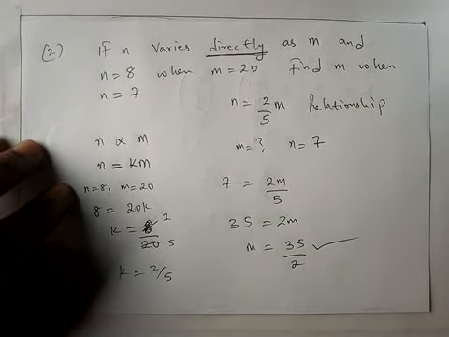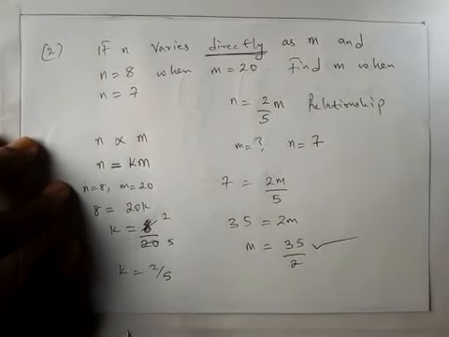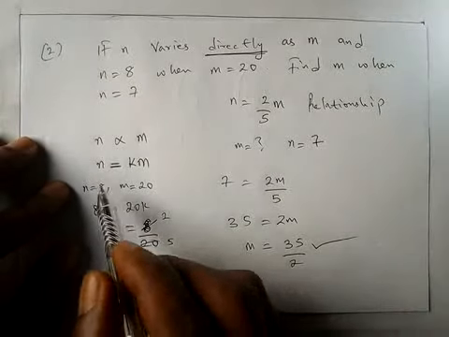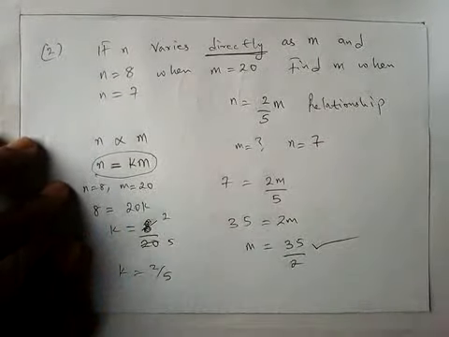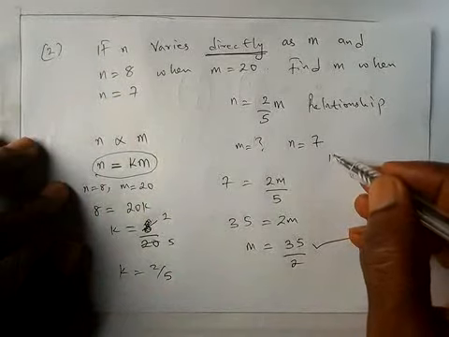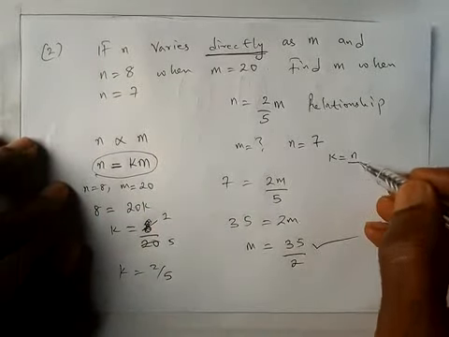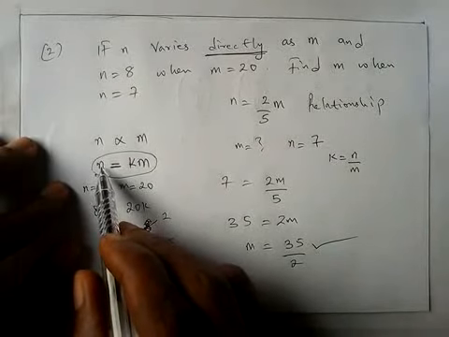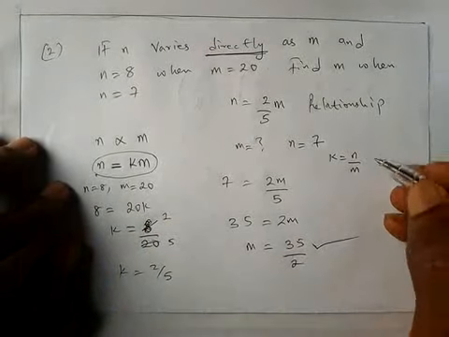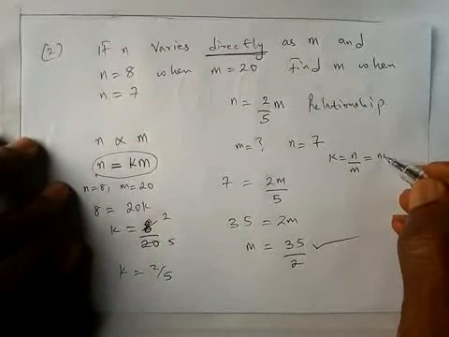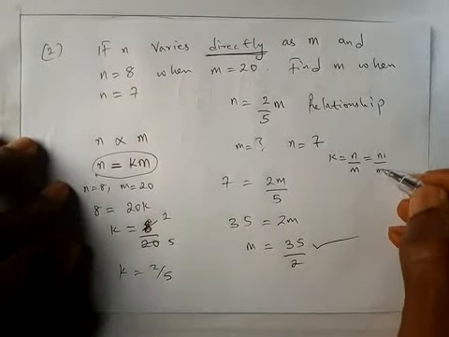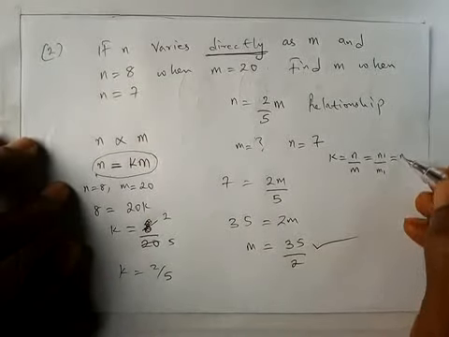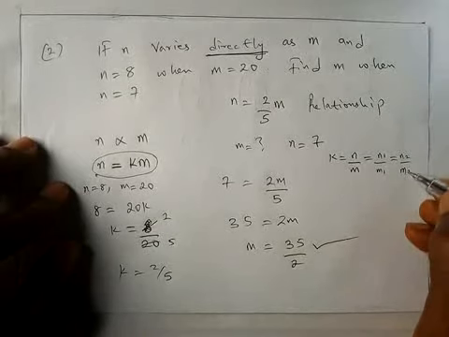Now we can also use the second expression. If this is k, meaning that k is equal to n over m, making k the subject of the formula from here. k is equal to n over m, meaning n1 over m1 is equal to n2 over m2.